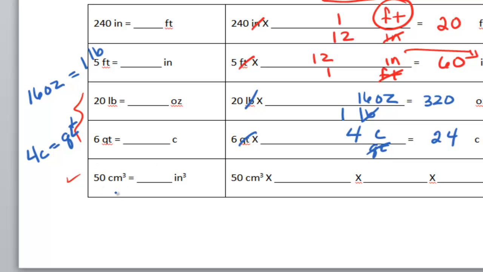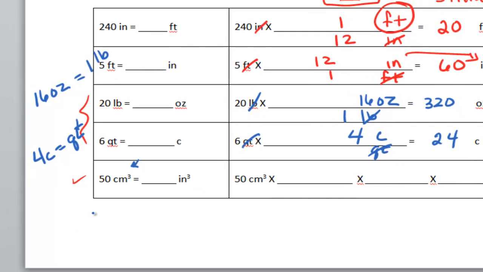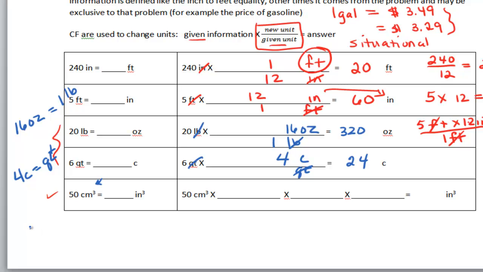In the one at the bottom, we have cubic measurement, and you probably are not familiar with the number of inches cubed to centimeters cubed conversion, but you should know, or you can easily find, that there are 2.54 centimeters equaling 1 inch.